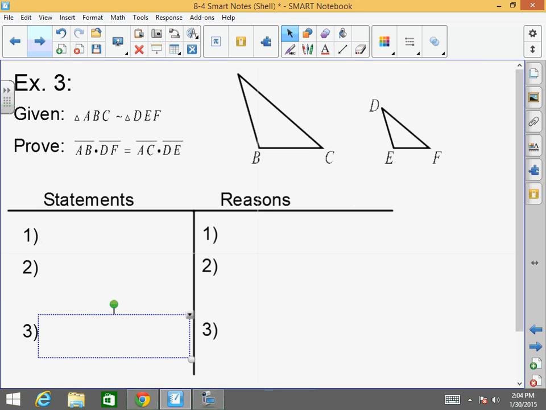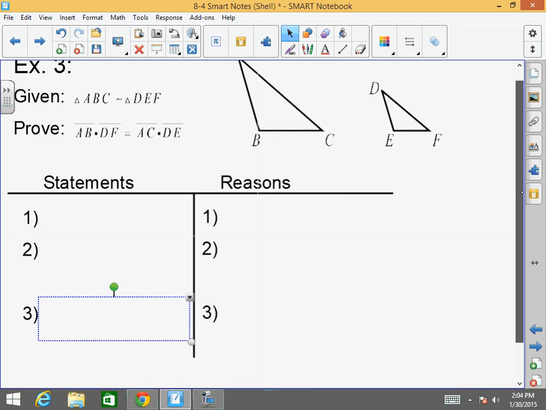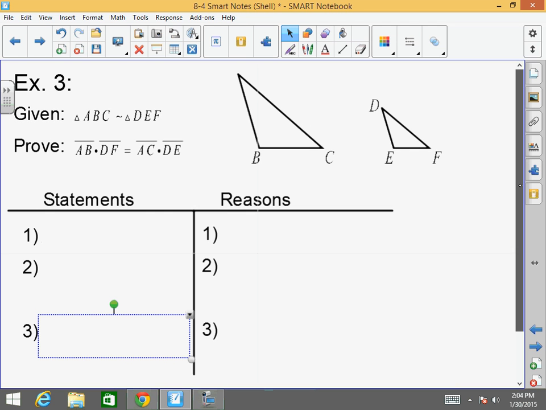Okay, next, number three. Let's get a little bit tougher now, but not too bad. Again, triangle ABC is similar to triangle DEF. I want to prove that AB times DF equals AC times DE.